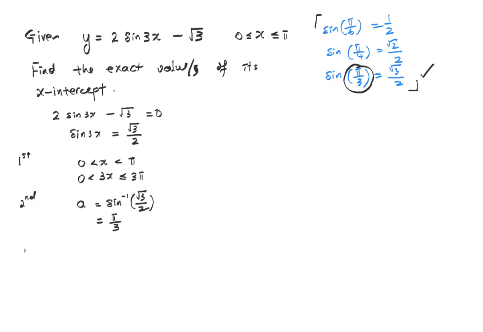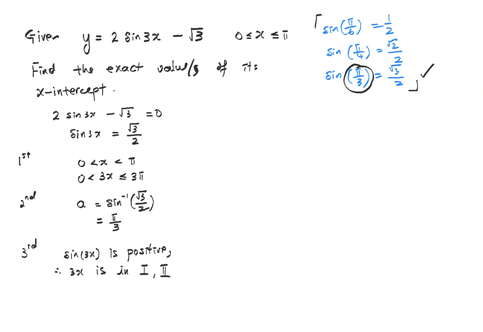Third step, sin of the angle 3x is positive. Root 3 over 2 is positive, correct? So therefore, 3x is in the first and second quadrant.